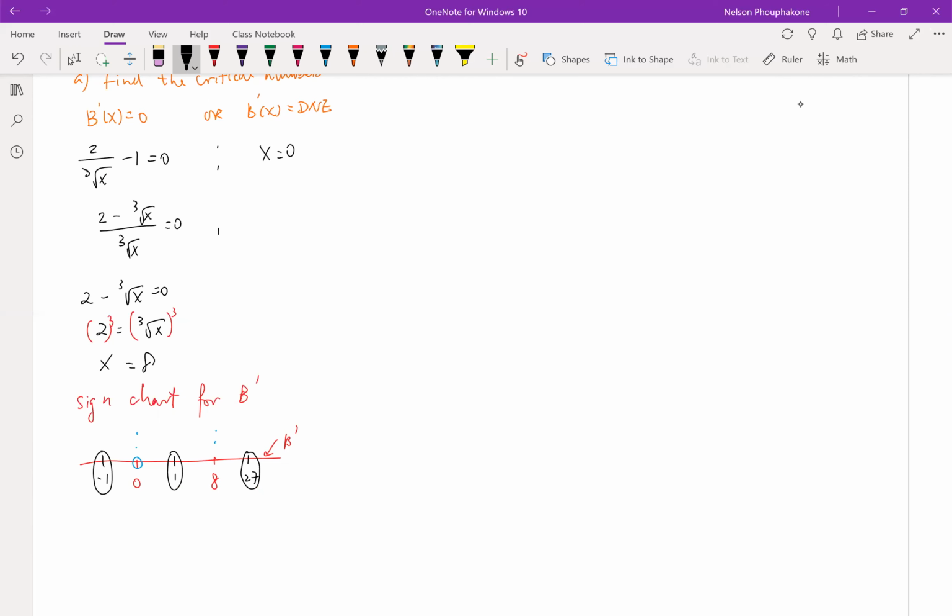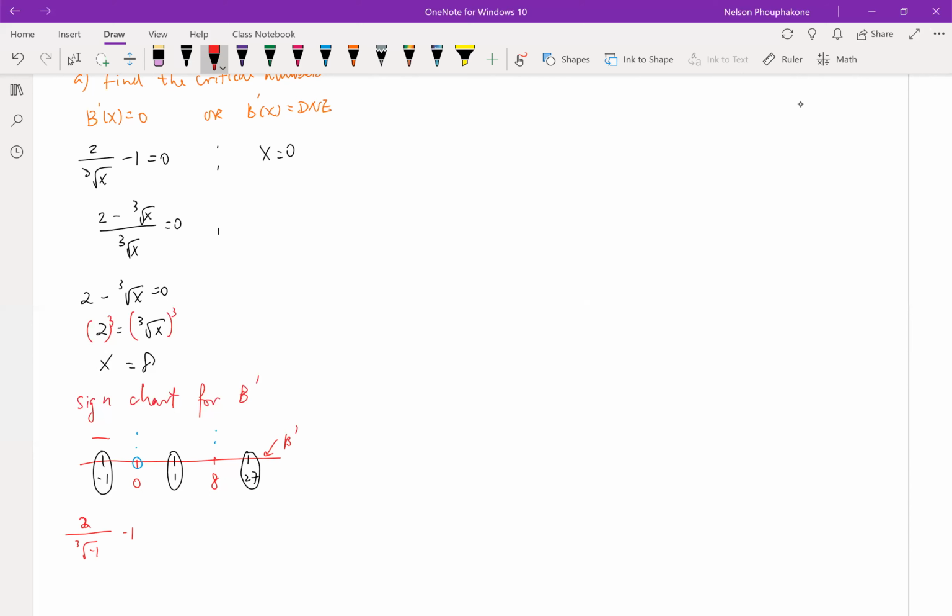The reason I choose 27 is because we need to work with the cube root. So anyway, if we have -1, we will have 2 over cube root of -1 minus 1. So we know that this is negative.